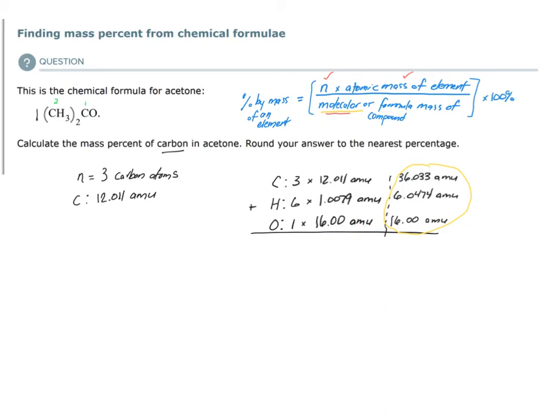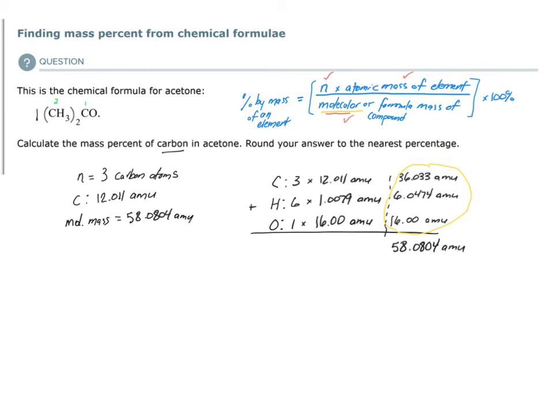So 16 plus 6.0474 plus 36.033 gives me a total of 58.0804 AMUs. So that is the molecular mass, and I'm going to abbreviate molecular with MOL, even though that may not be the appropriate abbreviation. It's 58.0804 AMUs.